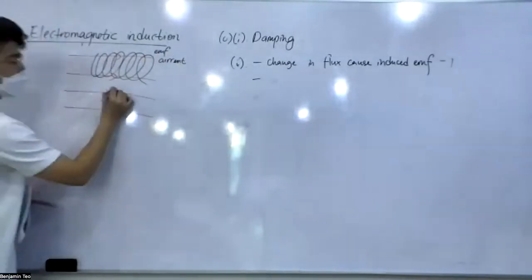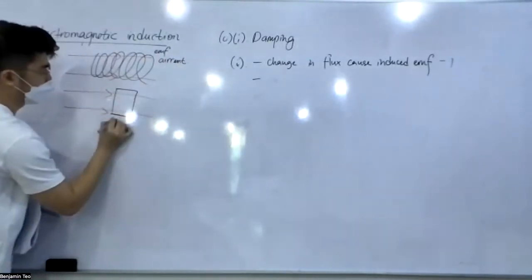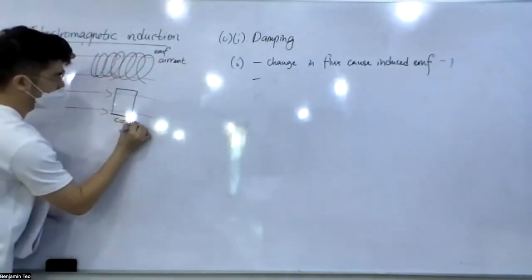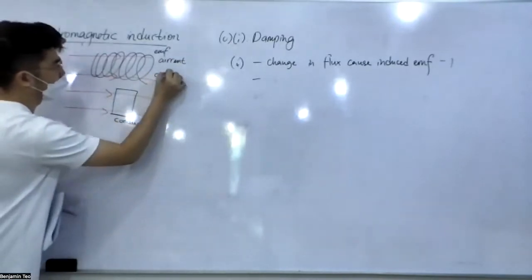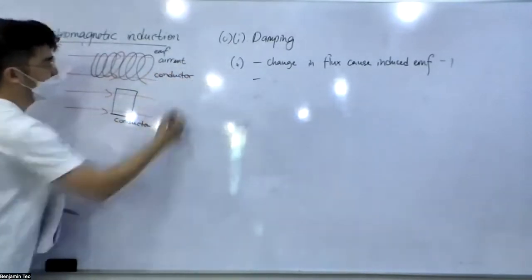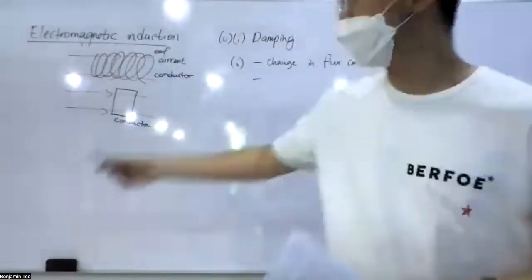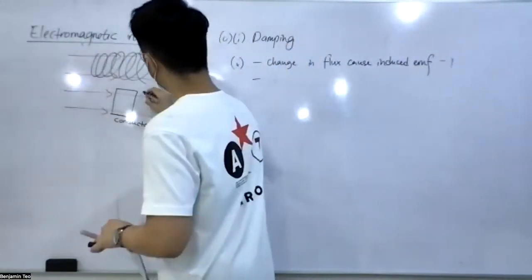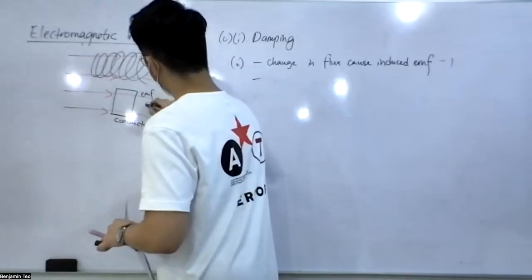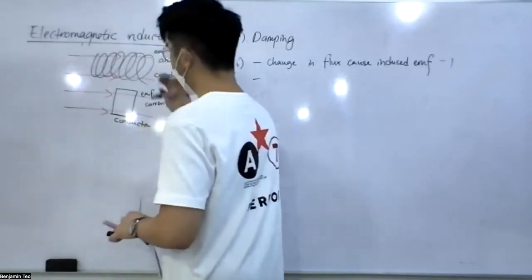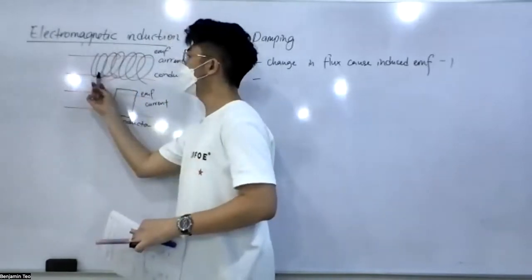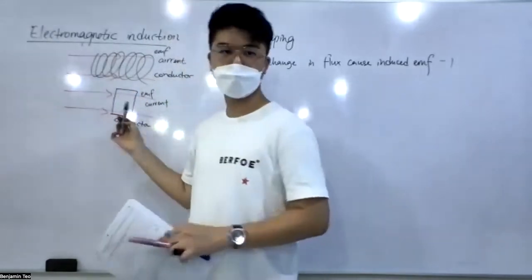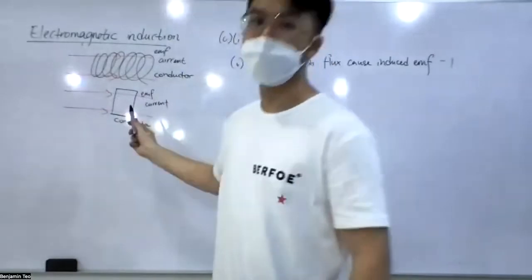If I put a plate, a conductor, both are conductors. Conductors have free electrons. So if I put the plate here, when there's a change in flux, there's again induced EMF and induced current. Same. Not only in wire, in a conductor as well. It will induce current in this conductor.